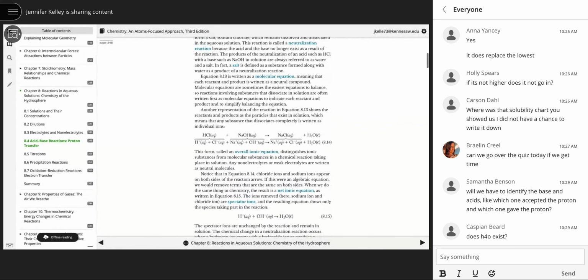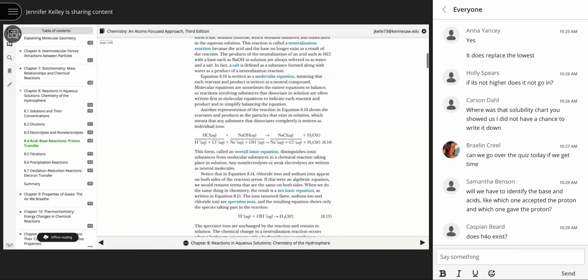It's kind of harder to see because they wrote H2O, but that's the same as HOH. So that's water there. And then the sodium on the left is with the hydroxide part, the OH. And then the sodium is with the Cl on the right. So the H and the Na switch places.